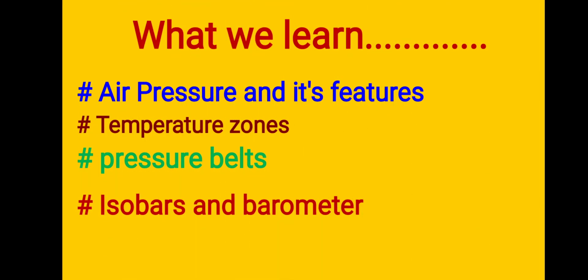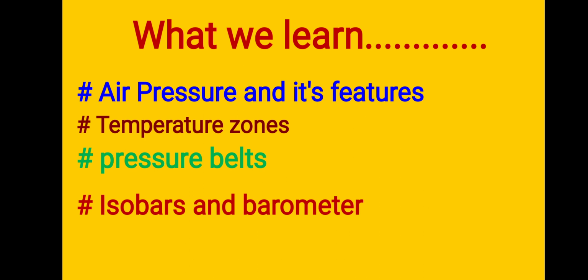Now, what did we learn in this lesson? First, we learned the air pressure and its features. Afterwards, we learned some temperature zones like torrid zones, frigid zones, etc. Afterwards, we learned some pressure belts. And after that, we took some information about isobar and the barometer.